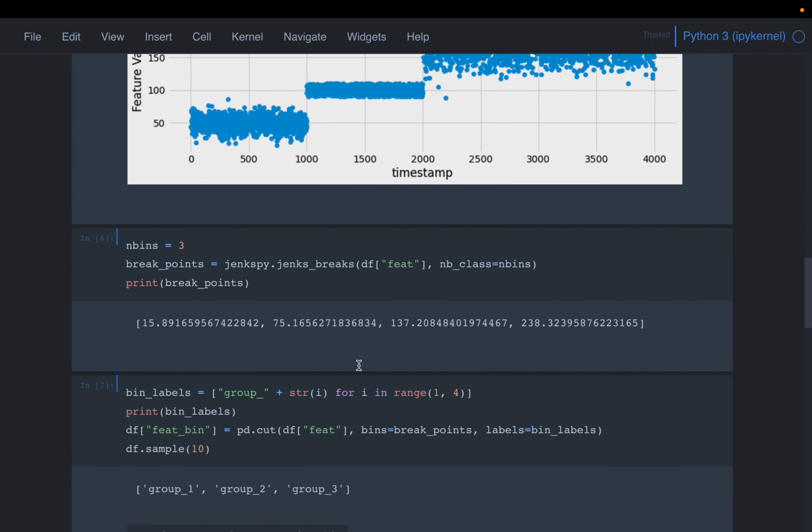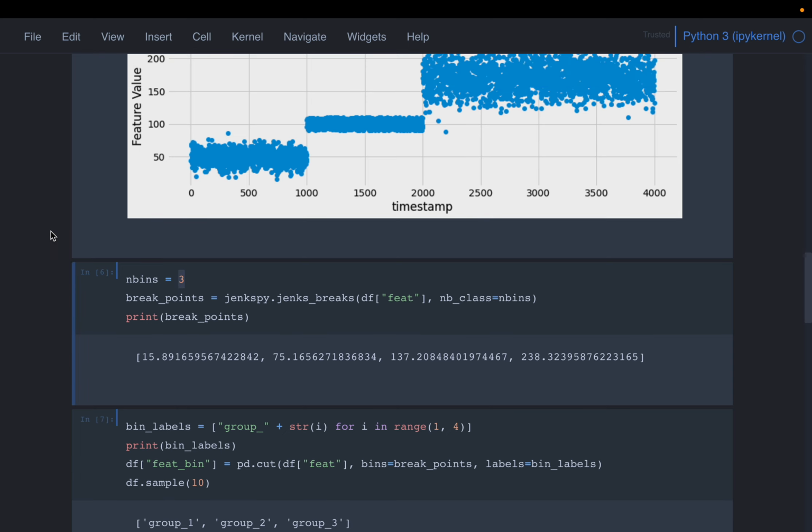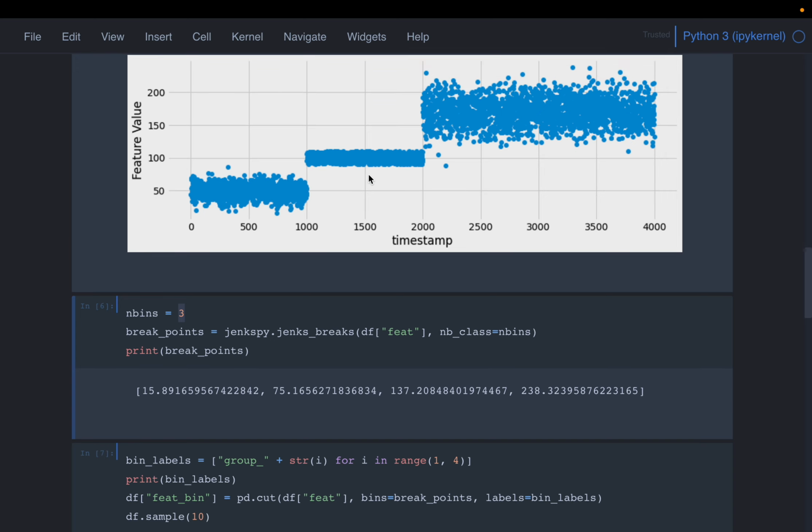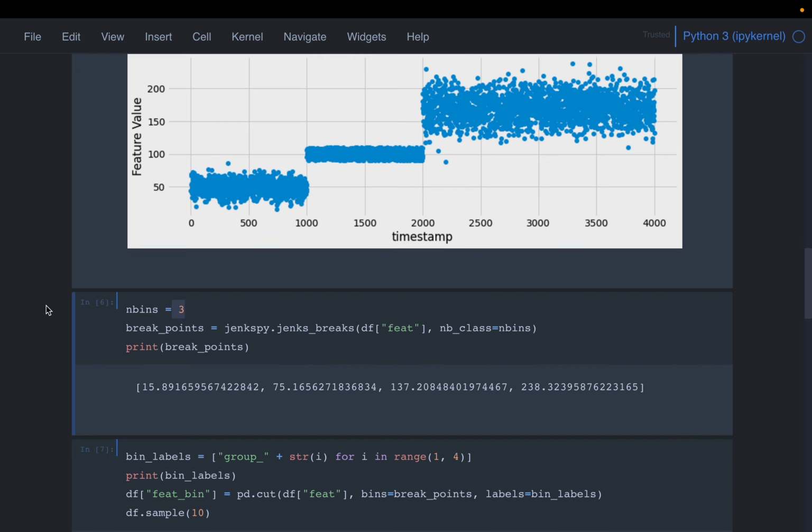Now, similar to the k-means algorithm, we have to decide how many groups we want to divide into. For a real world data set, they are not this clearly separable, so we might do some experimentation to find out the optimal value for the number of groups.